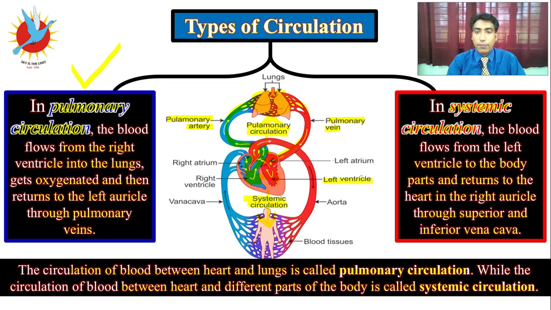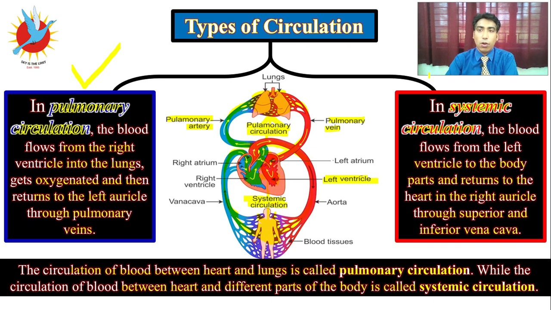From the left ventricle, the aorta carries the oxygenated blood to the different body parts, and from the different body parts the deoxygenated blood returns back into the right atrium. So from the left ventricle to the body parts, and then from the body parts to the right atrium, this was the systemic circulation. Hope you get this concept in an easy way.